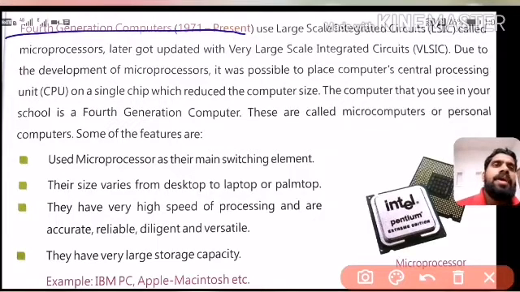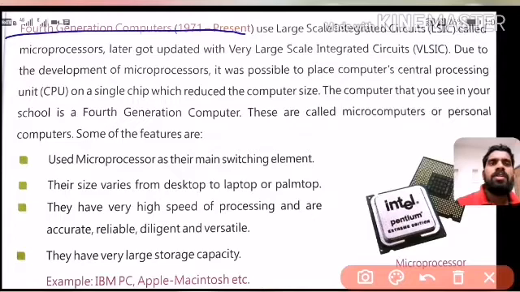In the period 1971 to present. The fourth generation computers use large scale integrated circuits, LSIC, called microprocessors, later updated with very large scale integrated circuits, VLSIC.